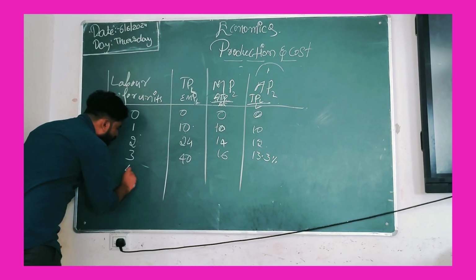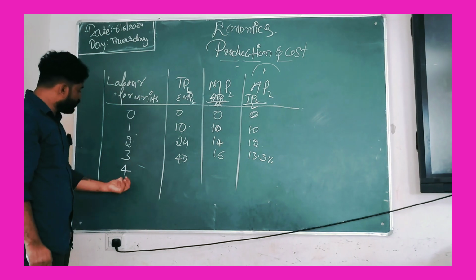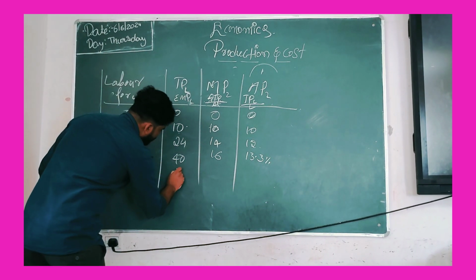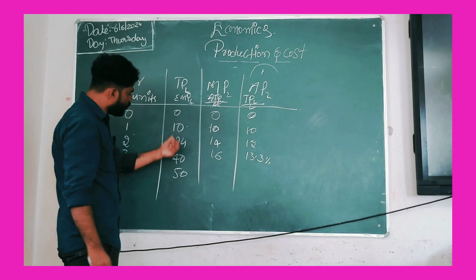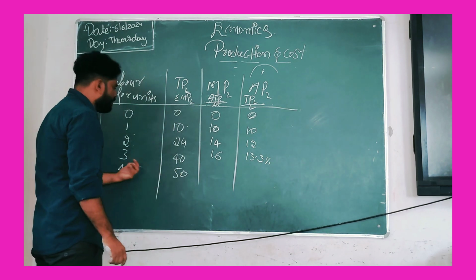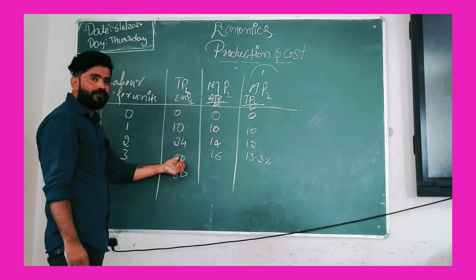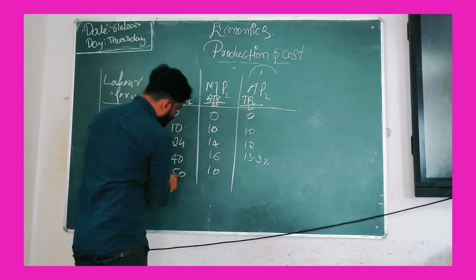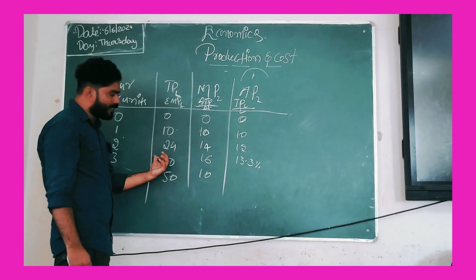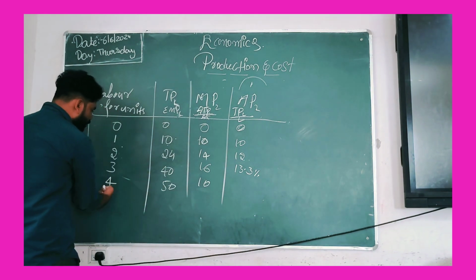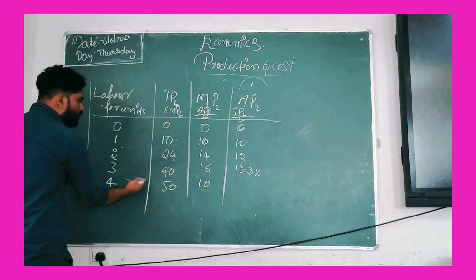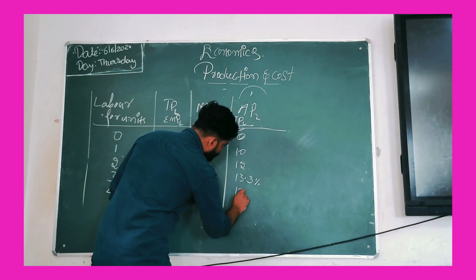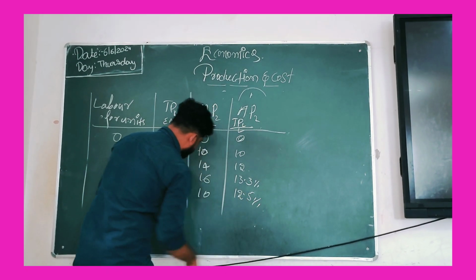And the firm using 4 units of labor has 50 units of total product. 50 minus 40 is 10. Again we divide 50 by 4, which is 12.5.